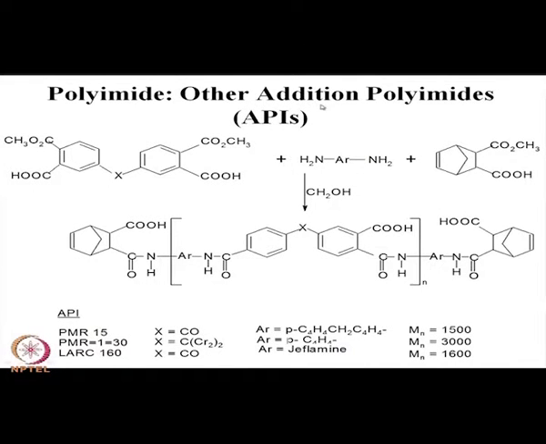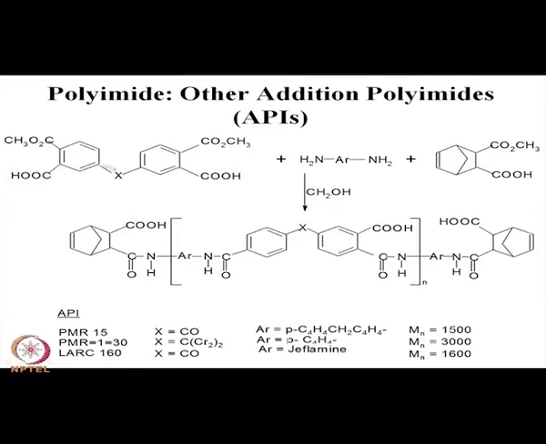Other examples of addition polyimides are, again, this can be a benzophenone tetracarboxylic dianhydride type of molecule, or a compound that is not an anhydride but is a derivative of that anhydride. These are the two ester groups, diesters and diacid.